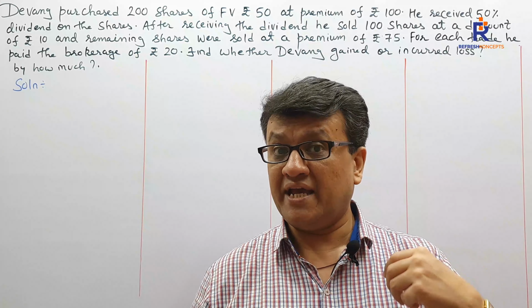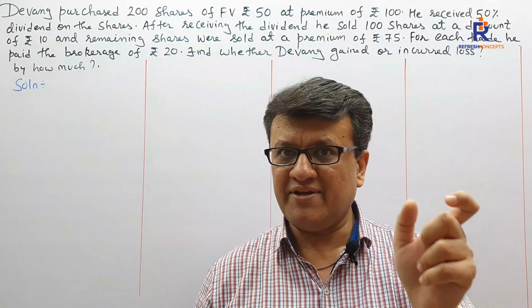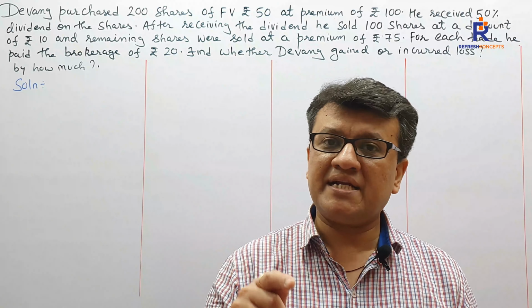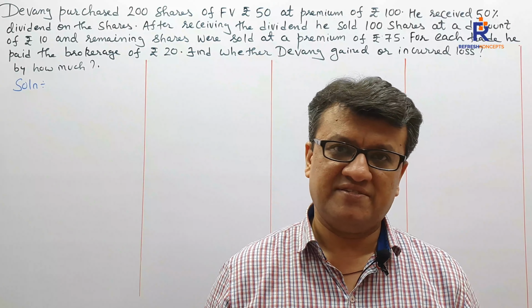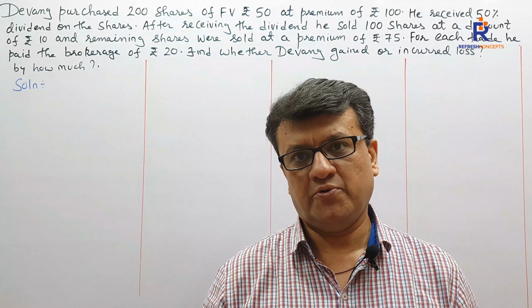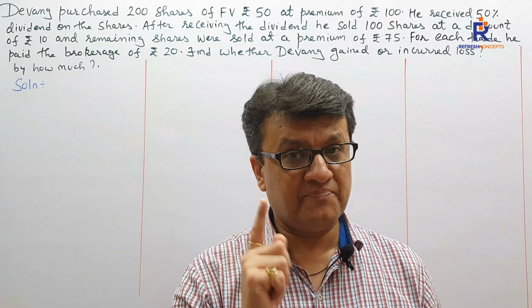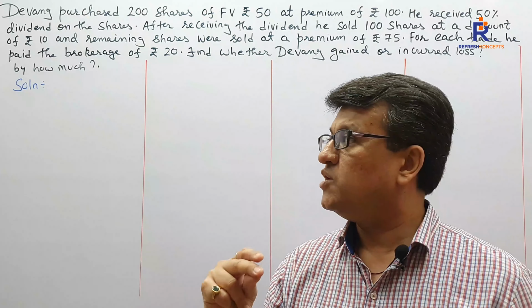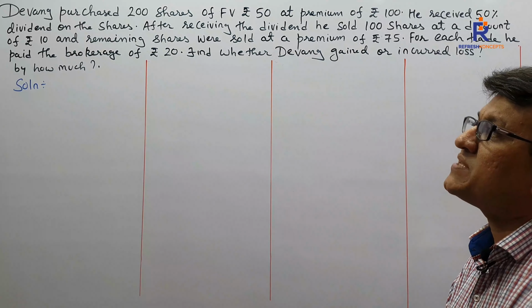On purchasing, market value plus brokerage plus GST. That is the net cost for me for one share. Right? Keep this in mind. Purchase plus, sell minus.